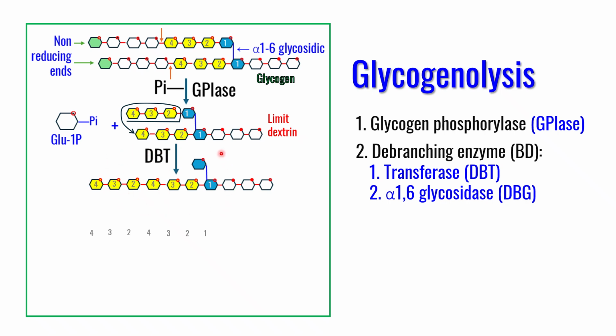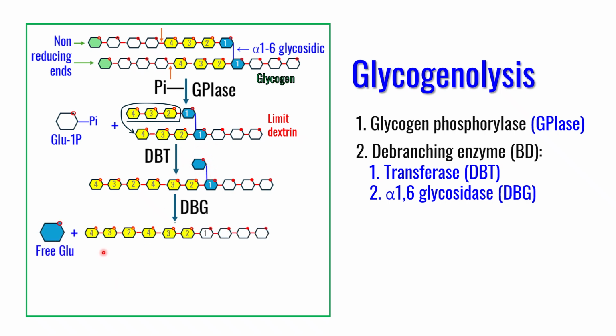However, because the branching is still intact, it must be removed, otherwise phosphorylase will stop again. To do that, the glucosidase activity of the debranching enzyme removes this glucose as free glucose, leaving a linear glycogen molecule, which is hydrolyzed subsequently by glycogen phosphorylase producing glucose 1-phosphate.